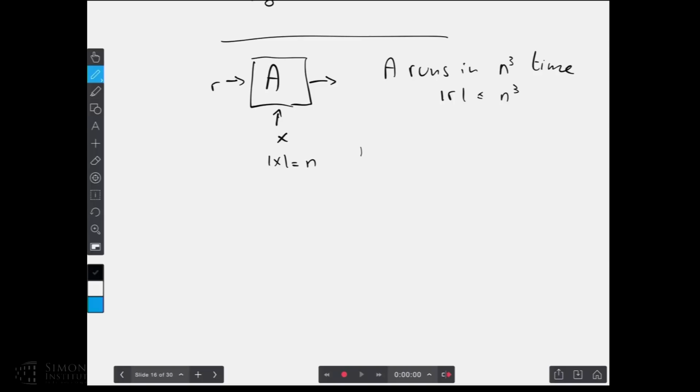Let's say this is a problem with a 0-1 type of output, and it's correct with 90% probability. First of all, how do we do this in exponential time without knowing anything? Given x, we just try all possible choices for r, of which there are 2 to the n cubed.